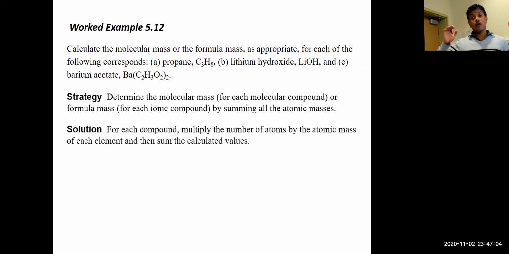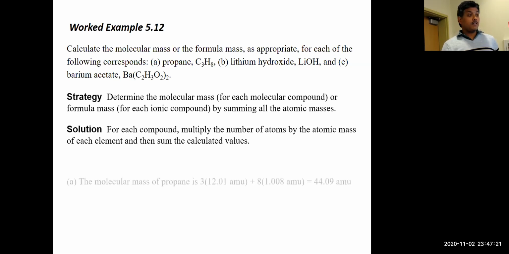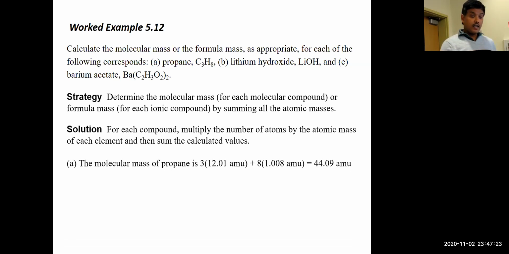First, identify how many different elements are present, and then how many times each is present, so that you can multiply the atomic masses of those individual elements by those many times to get the eventual molecular mass or formula mass. So 3 you multiply with the atomic mass of carbon, and 8 you multiply with the atomic mass of hydrogen. If you do that, you have the molecular mass of propane as 44.09.